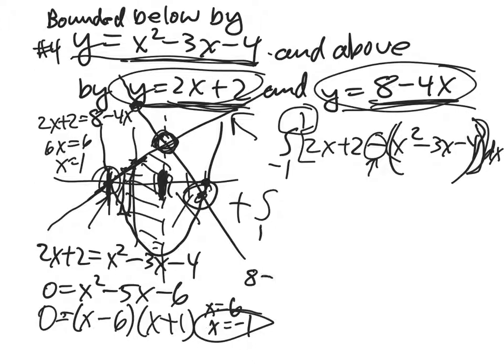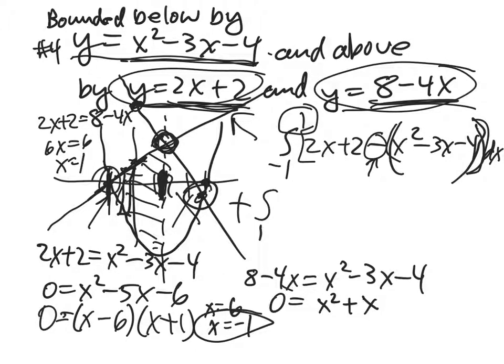And this screen's never big enough, but we can set the line equal to our parabola. Again, a quadratic equation. Let's see, add 4x, subtract.